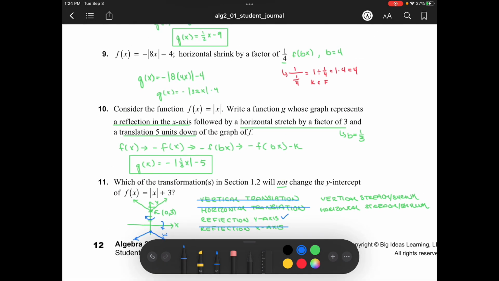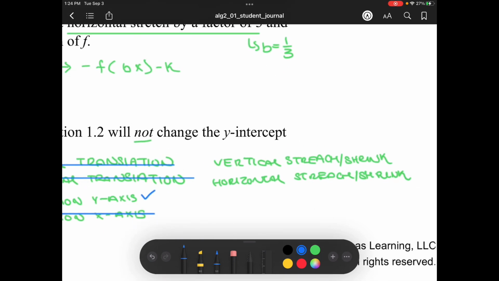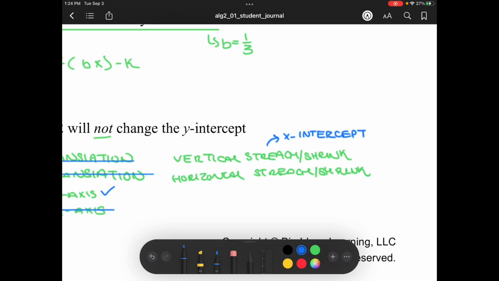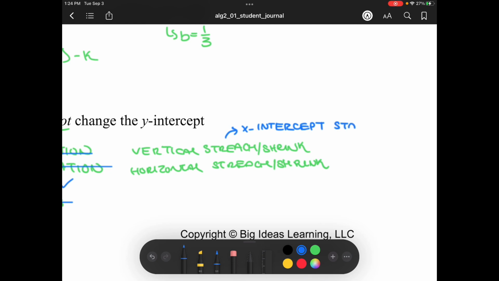Vertical stretch or shrink: I'll let you guys know right now that with vertical stretches or shrinks, the x-intercept stays the same. So this one's not going to work.